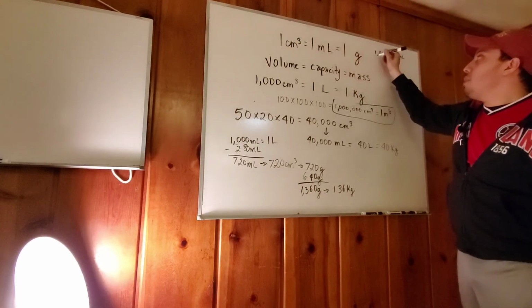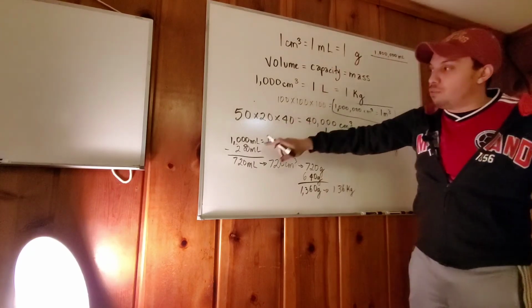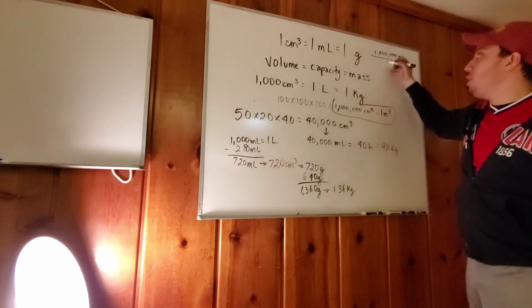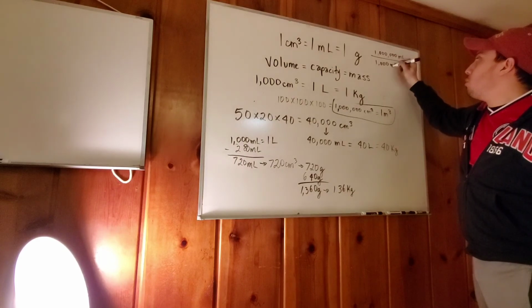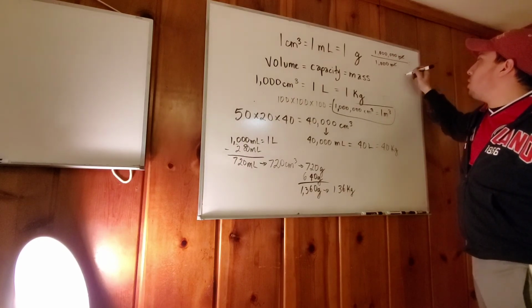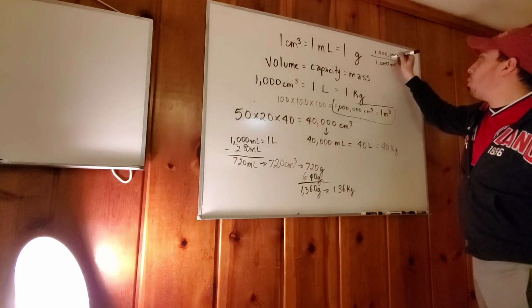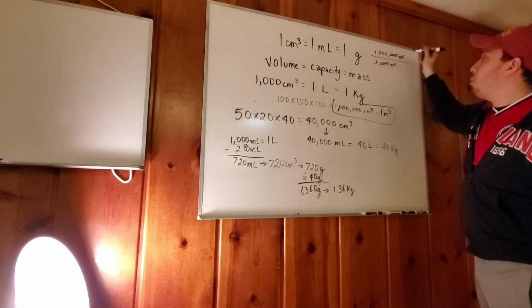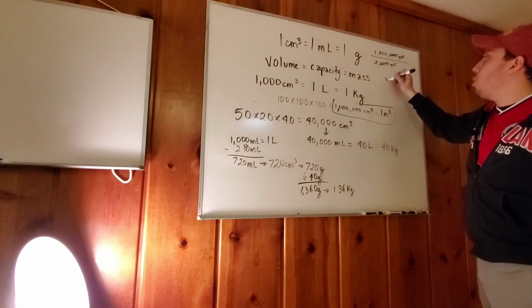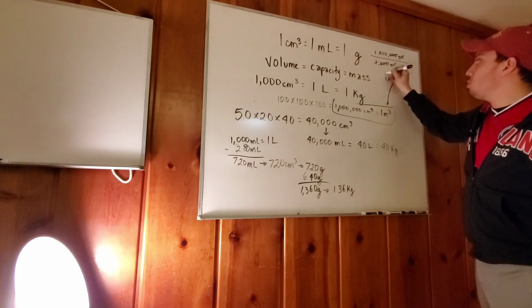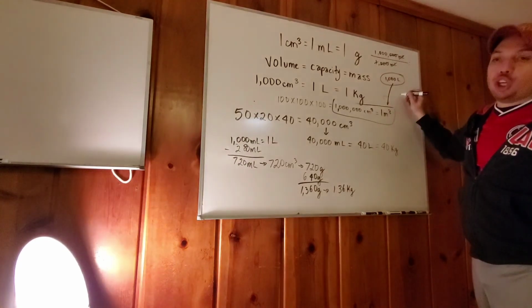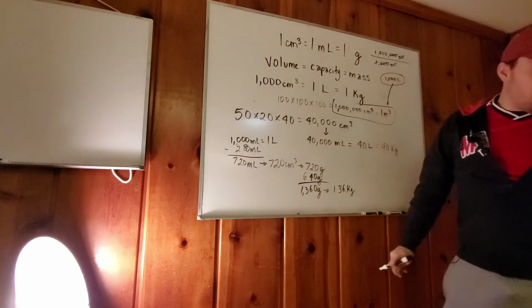But if we divide it by the conversion rate, 1,000 milliliters, the milliliters cancel out, and I would get 1,000 liters. 1 meter cubed is the same thing as 1,000 liters.